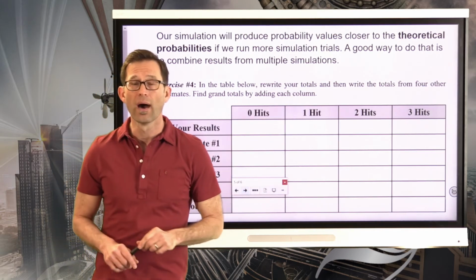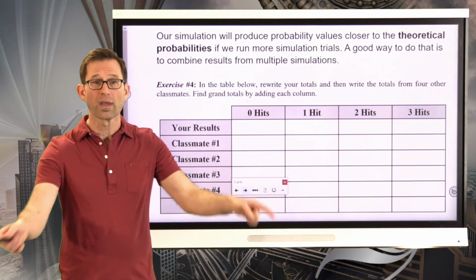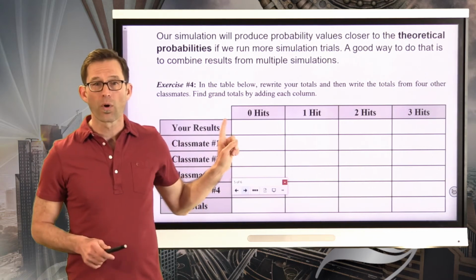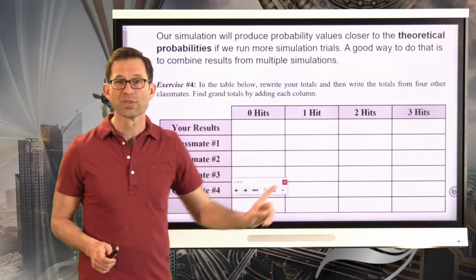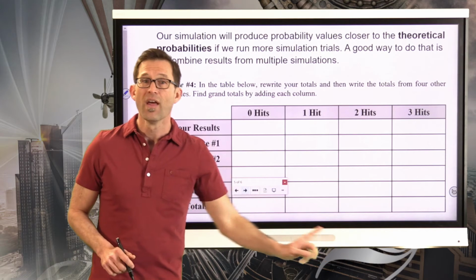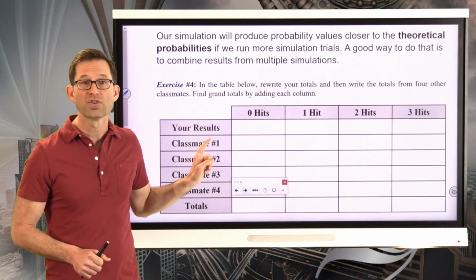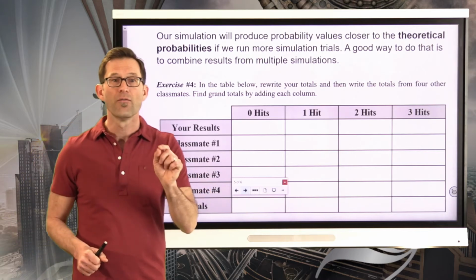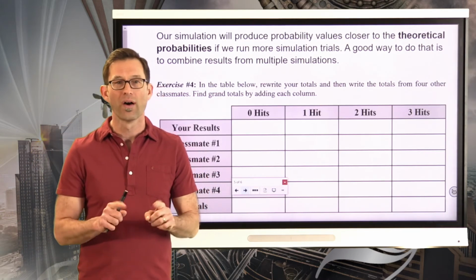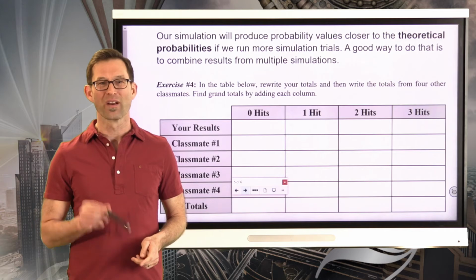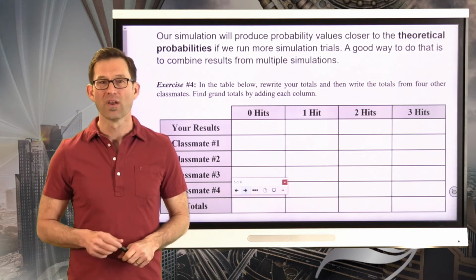But what I'd like you to do now is pause the video, and if you're working in a large group, find 4 additional classmates, write down their results, and then total them. Then you won't have played the game 20 times, you will have played the game 1, 2, 3, 4, 5 times 20, or 100 times. And 100's, of course, a nice number when it comes to probability. Pause the video now.